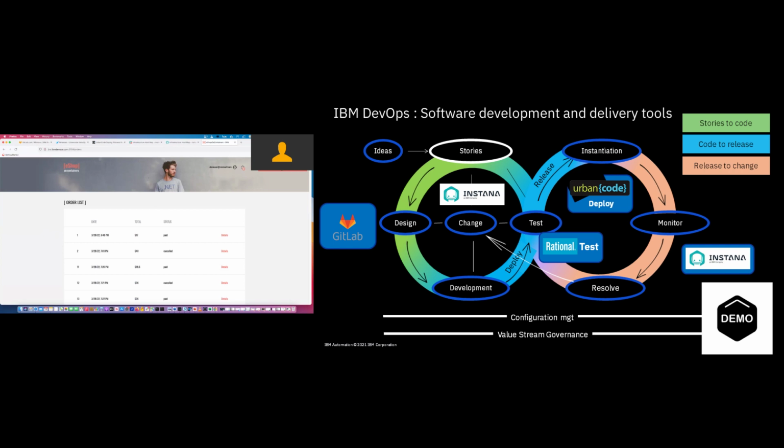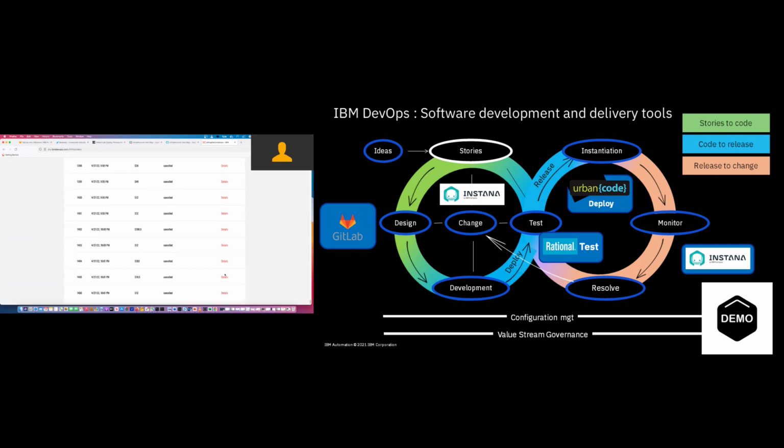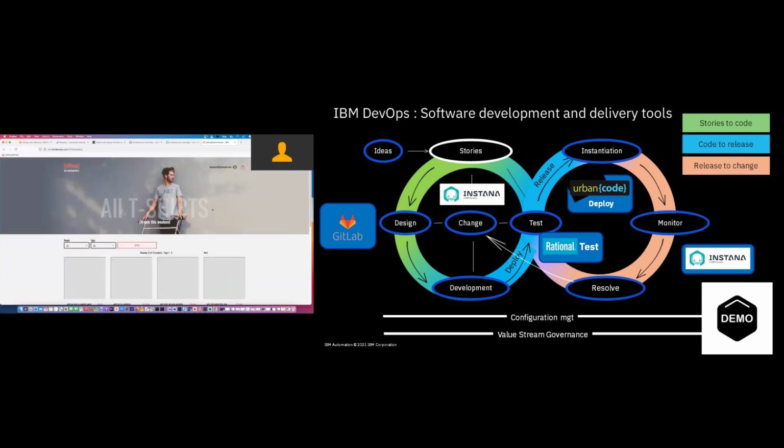Yes, it looks like it's being submitted fine. That's good news. Let's go to the bottom and click continue shopping to get back to this page. Okay, so now that we've done that, there is something going on here, but let's go into Instana to see what's happening behind the scenes.